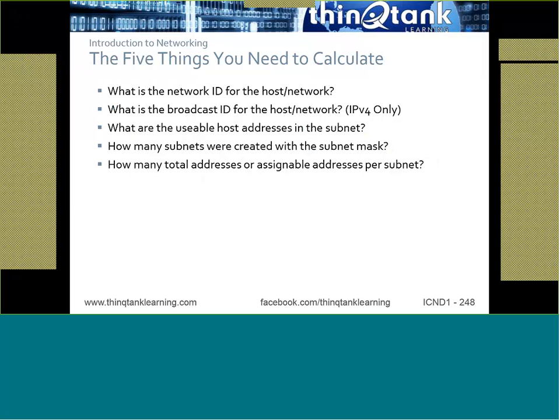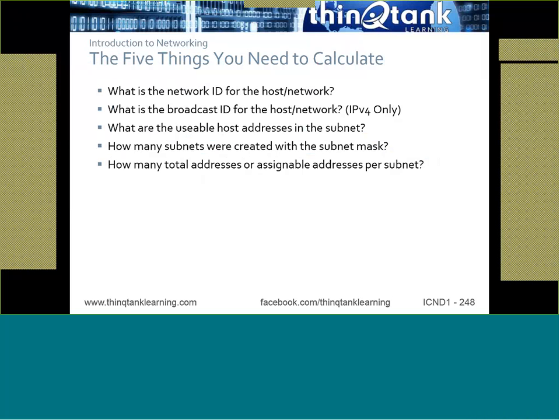When it comes to subnetting, there are only 5 things that you will ever have to know. And by the way, if you get subnetting questions on the test, which you will, it doesn't matter how the question is worded or what format they have, it's going to be one of these 5 things.